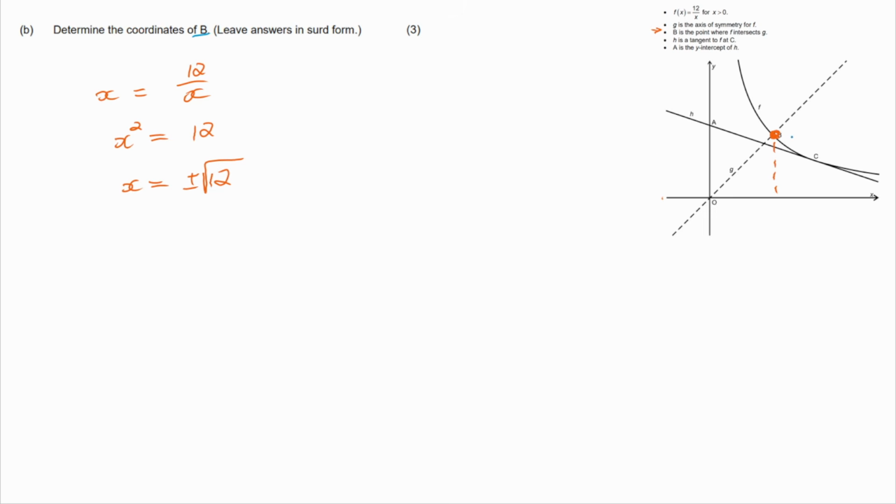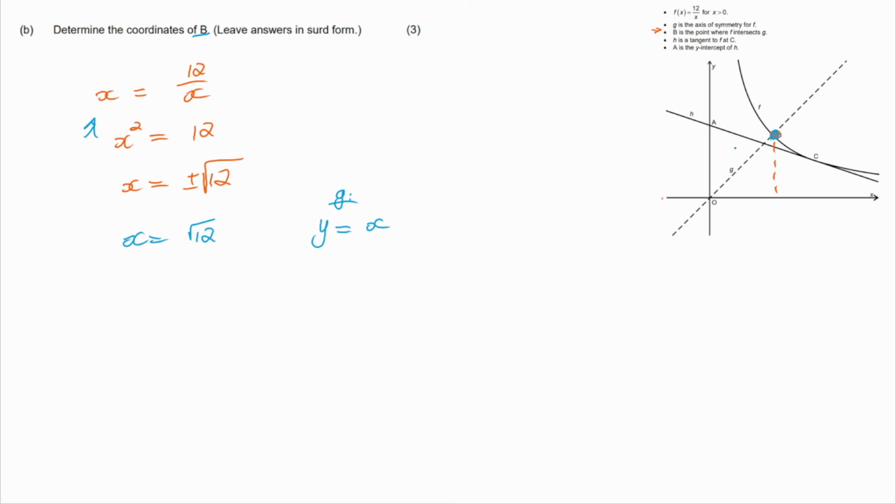So what we have to do is plug in that x is equal to the square root of 12 into one of these equations, this one or this one. So obviously it'll be easier here. Remember, the equation of g is y equals x.